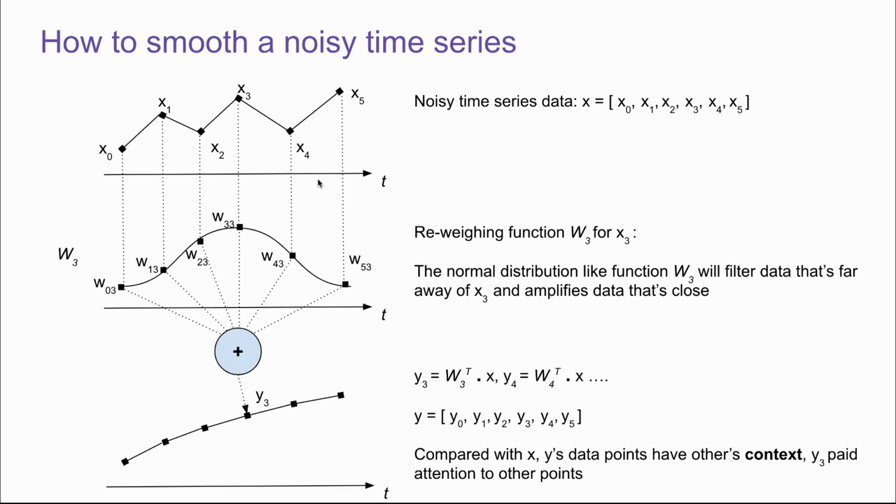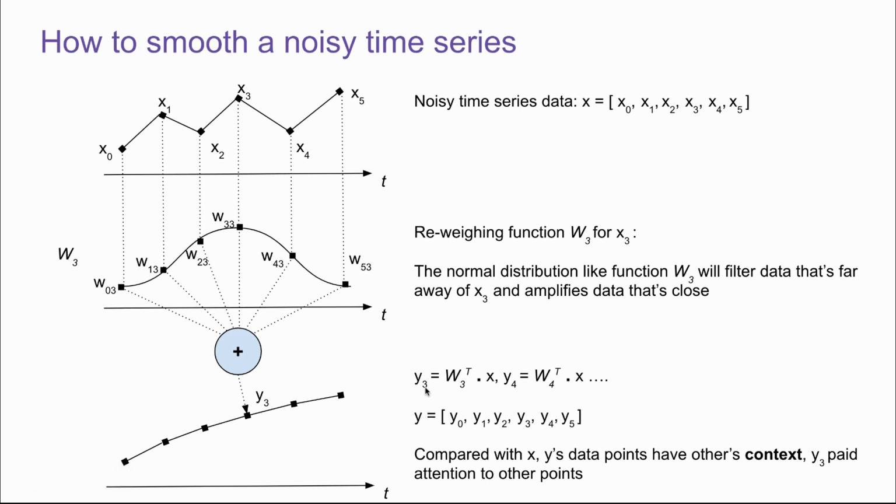So if we multiply the reweighing function with the time series data X, like X0 multiplied by W03, X1 by W01, and we add all the values together, we're going to get a new value Y3.